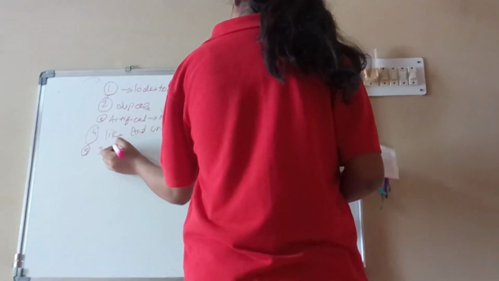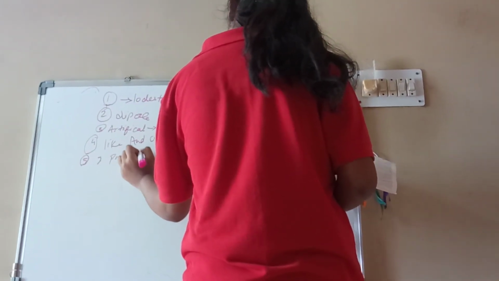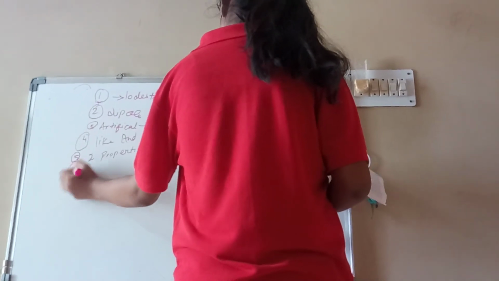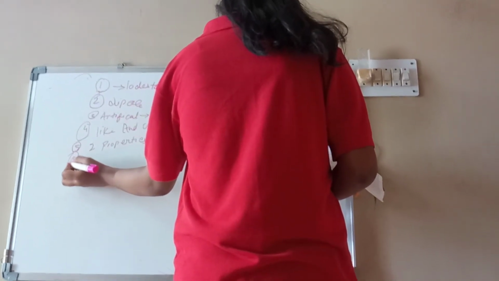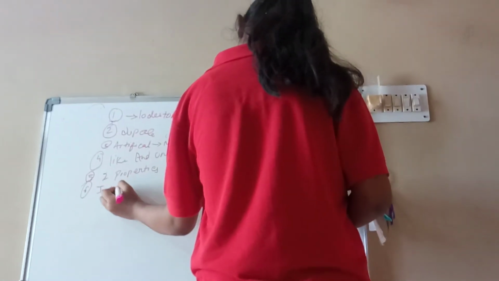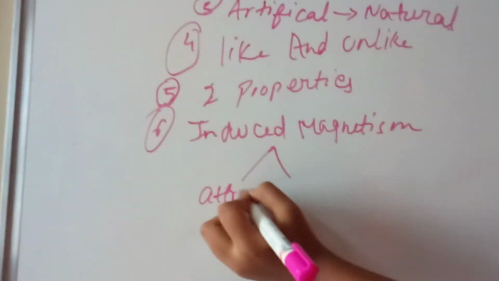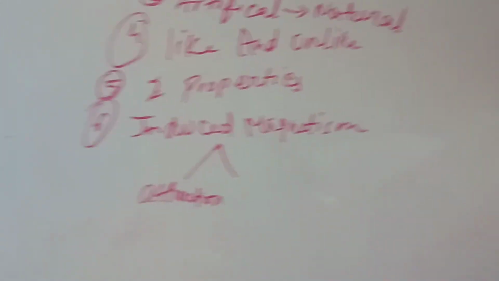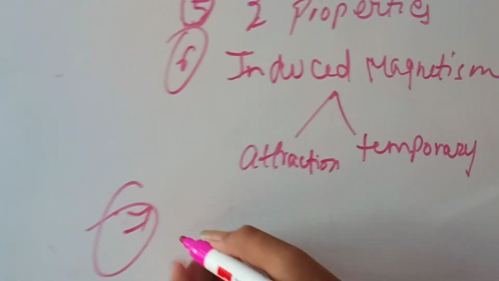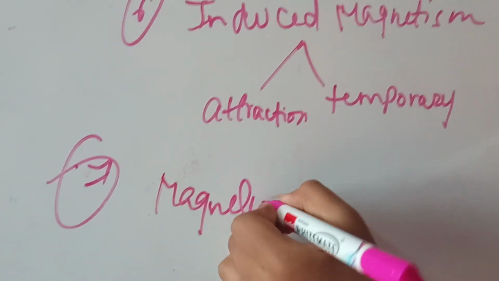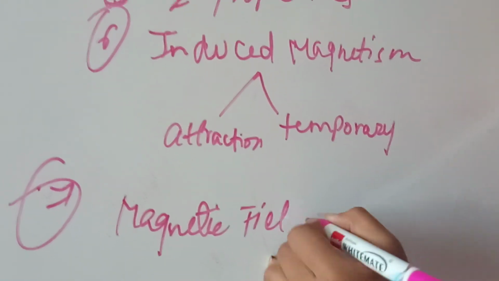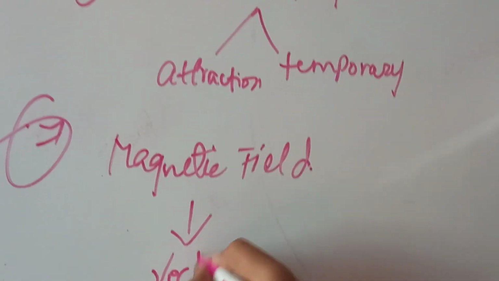Fifth, two properties of magnets. Sixth, induced magnetism and its two properties: attraction, and induced magnetism precedes attraction and is temporary. Now seventh, magnetic field and its definition. It is a vector quantity, remember.